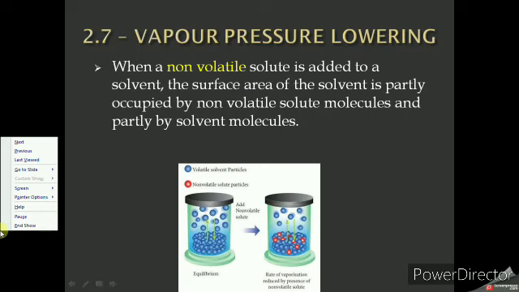This can be very easily explained with the diagram in front of you. In the first jar there is only solvent molecules, and that solvent is volatile.